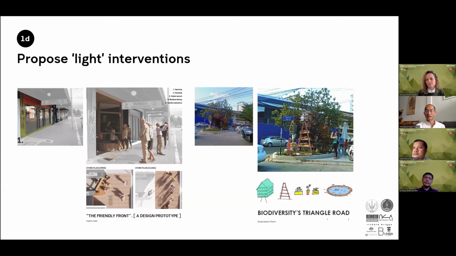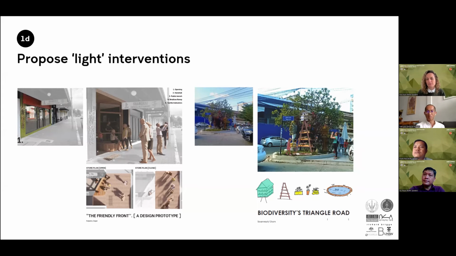And these light interventions were not only physical, they could also be an event, a game, a process, a workshop, something that we encourage the students to think contributes to a richer and livelier street.